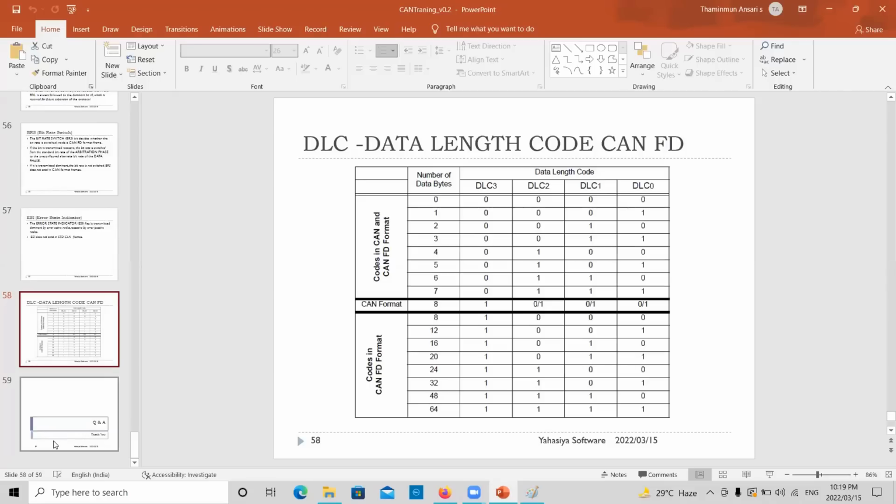How? After 8, if you give 9, that is 1001, they consider that as 12 bytes you are going to transmit. If it is 1010, A means 16 bytes, B means 20 bytes, C means 24 bytes, D means 32 bytes, E means 48 bytes.